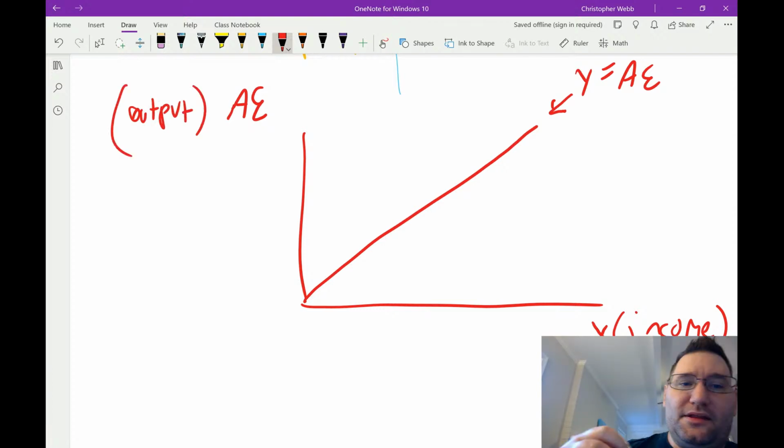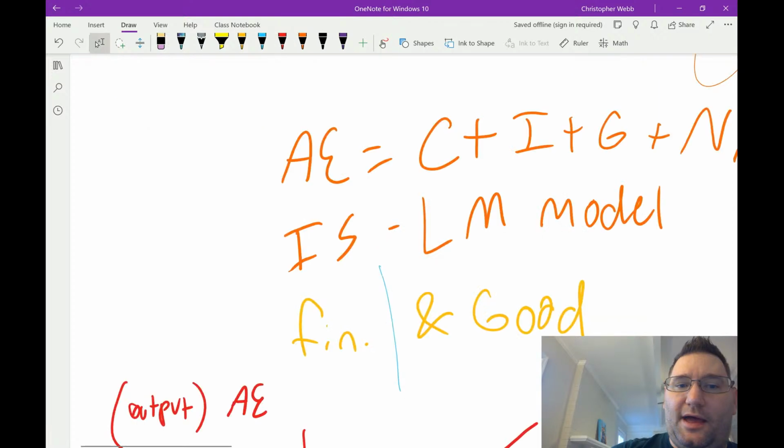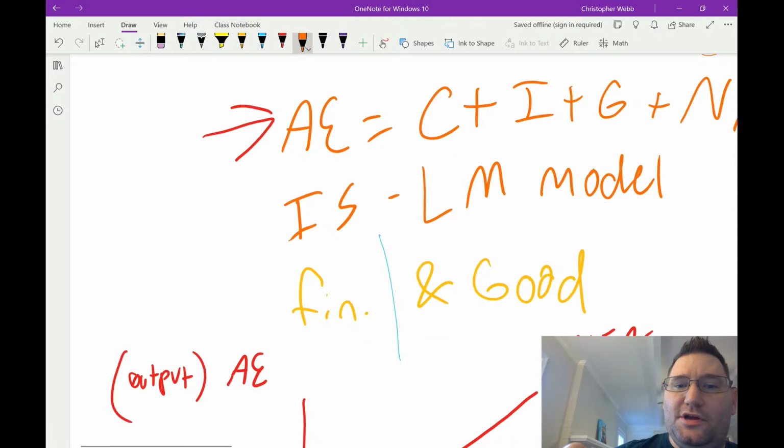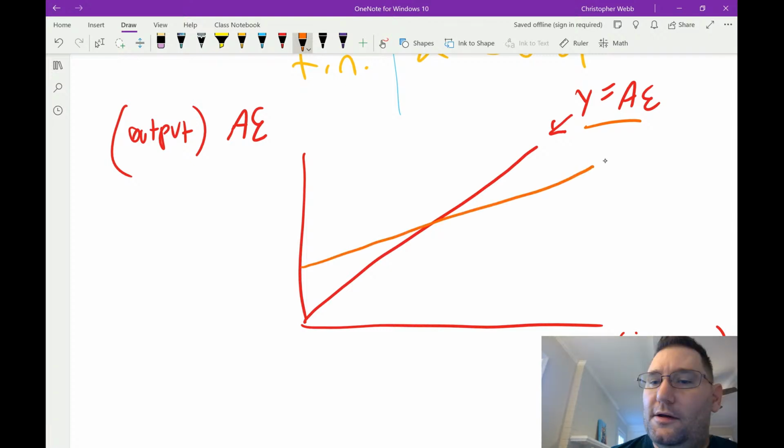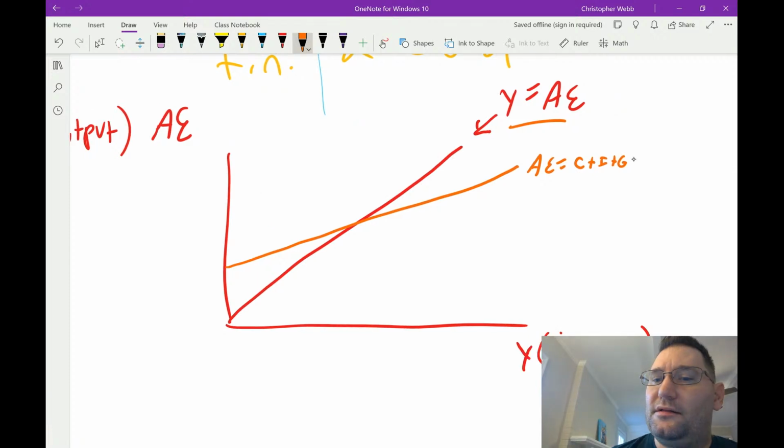It's basically GDP. So what happens is if we look up here at the AE model that we have, we are now going to recreate that over here. So this is where it is at equilibrium, but it's not always there. So it kind of pops up a little bit, and we call it AE equals C plus I plus G plus NX.